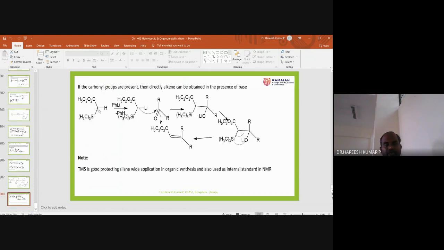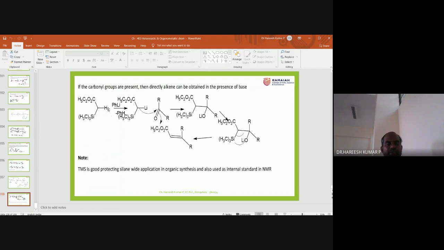So you know that this is a silyl compound, and this is a carboxylic ester, and here this is an active methylene group. Active methylene group means an acidic proton is available. Acidic proton means what will happen?